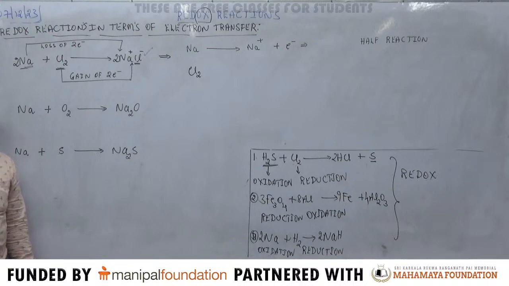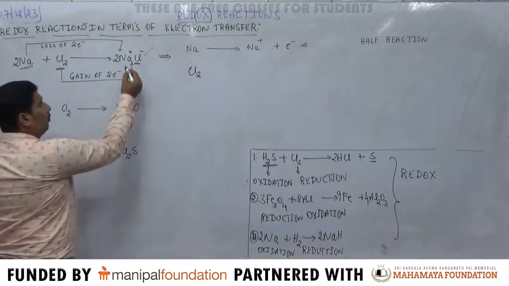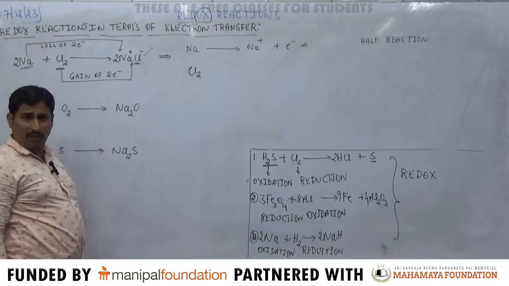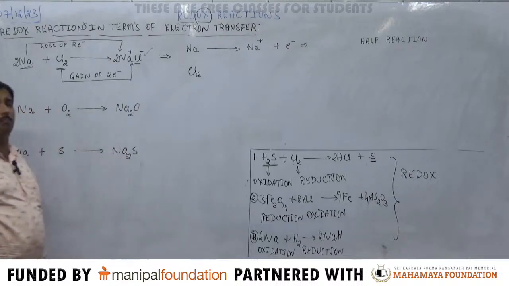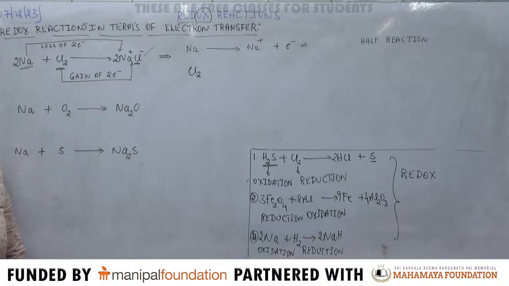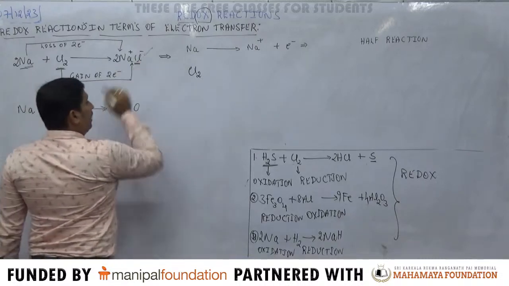The number of positive charges must be equal to the number of negative charges, and all those stories you have studied in the chemical bonding chapter. A molecule must be electrically neutral, and there can be an ionic bond or a covalent bond. Now there is an ionic bond present between the two. We are least bothered about the bond which is present. We are only bothered about electron transfer. So Cl minus.